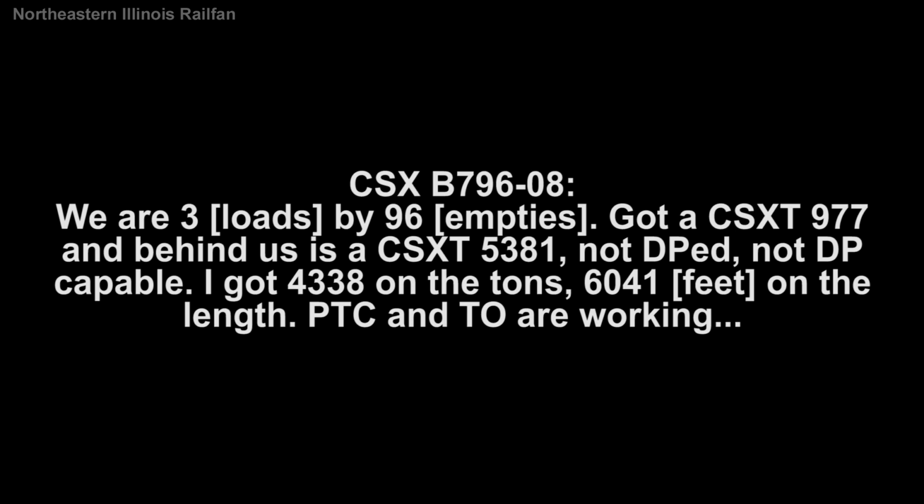Alright, we are 3x96, got a CSXT 977, and behind us is a CSXT 5381, not DP capable. I got 4338 on the ton, 6041 on the length. PTC and TO are working, Mans and Lauritsen on duty 0820, day lead, sufficient power, 4,000 gallons of fuel in each, over.